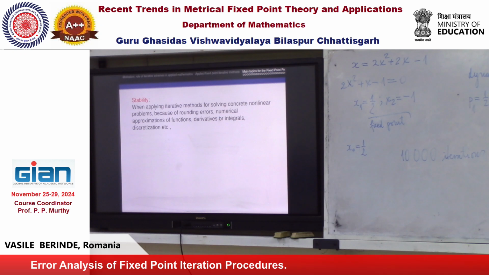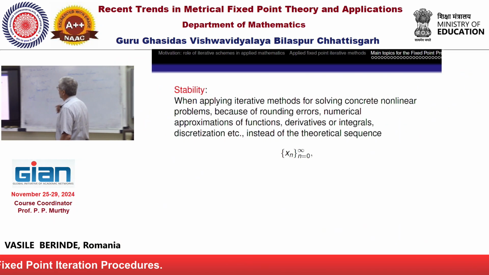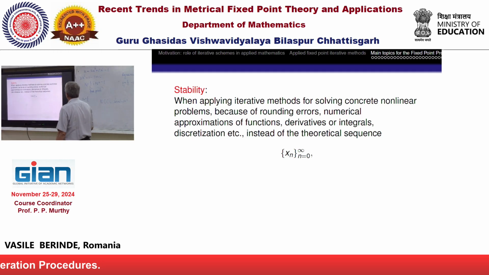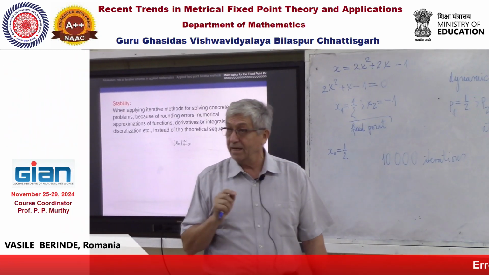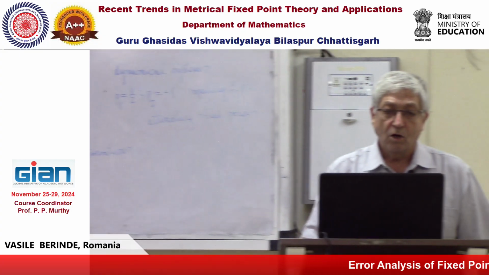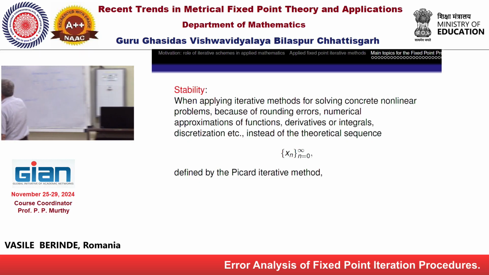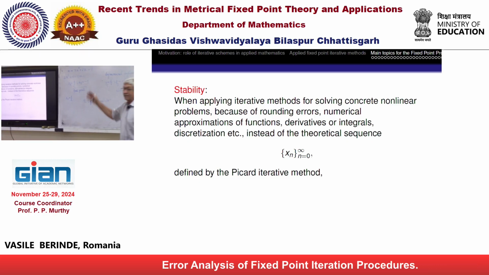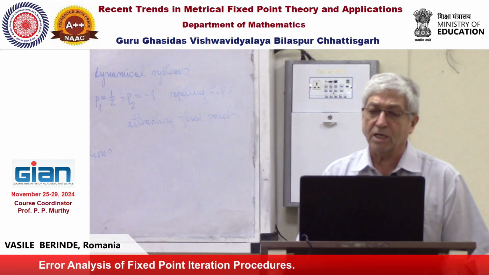All these facts will lead to the following situation. We have this theoretical sequence, xn, but in practice, in our computer, we will not have exactly the same sequence because of these rounding errors and numerical approximation.